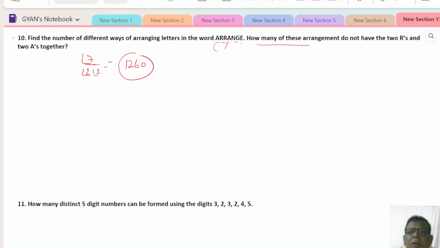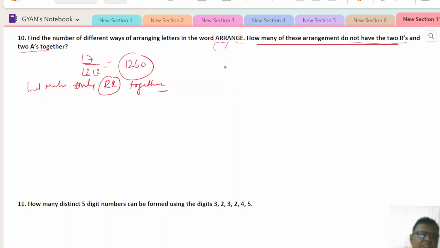Now it is telling how many arrangements do not have 2R and 2A together. So let us make only 2R together. So 2R together means, take 2R as one entity. So factorial 6 divided by factorial 2.